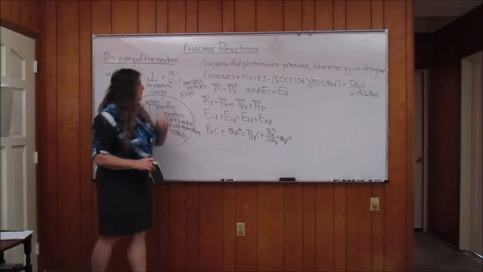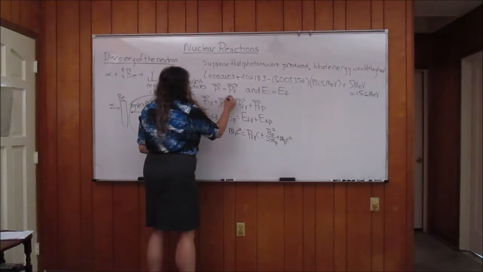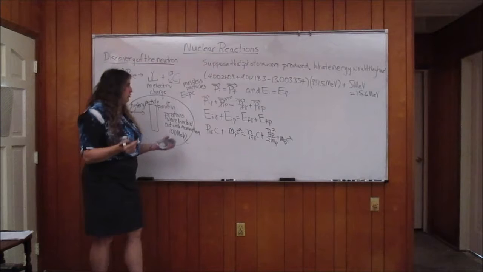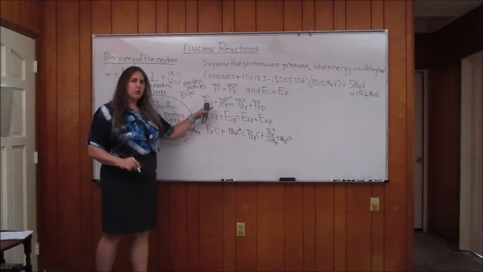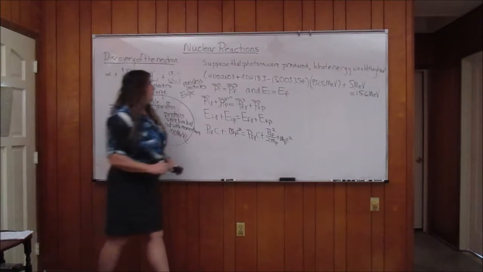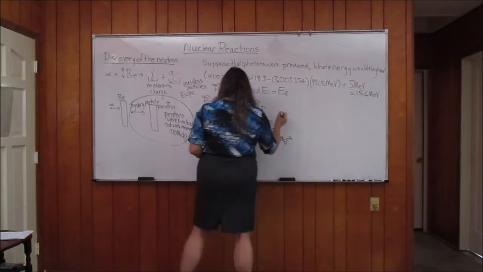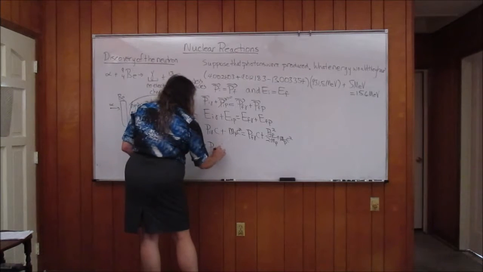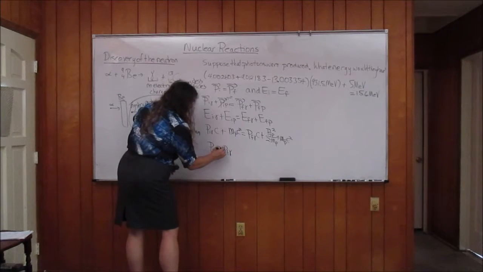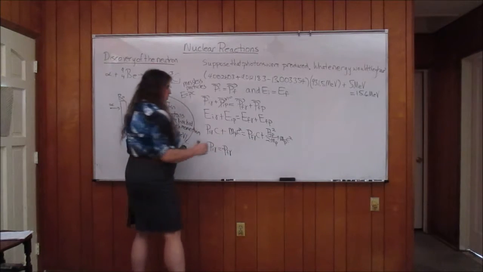Now up here, the momentum of the proton is initially 0, so that term drops out. And remember, these are vector quantities, so imagine our gamma particle comes in from the right, and it's going to have opposite momentum upon colliding with the proton.